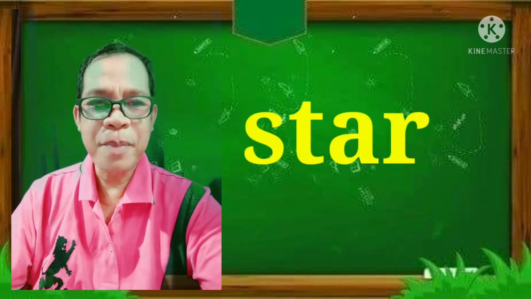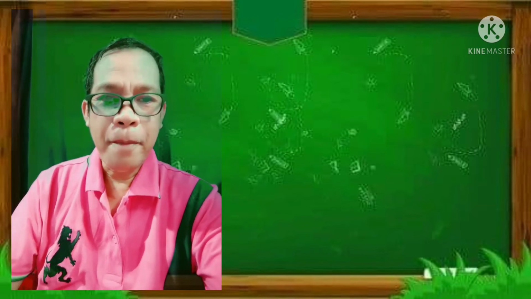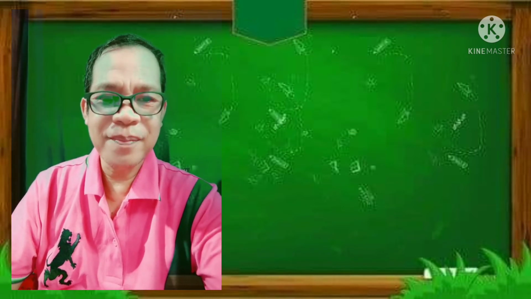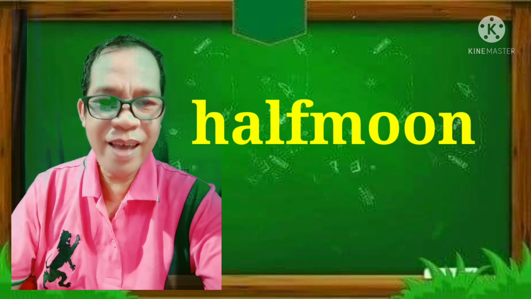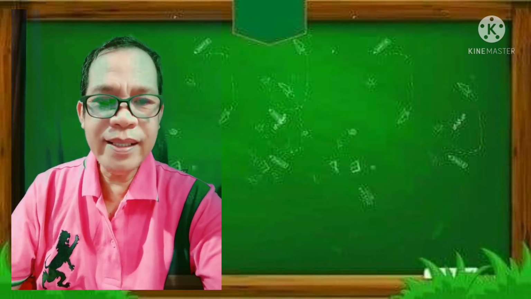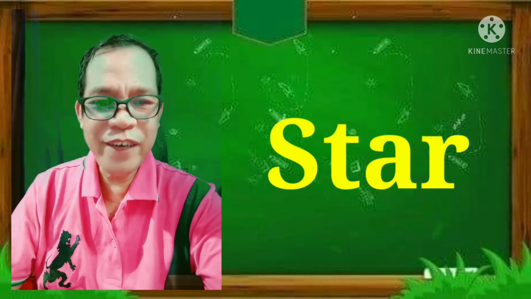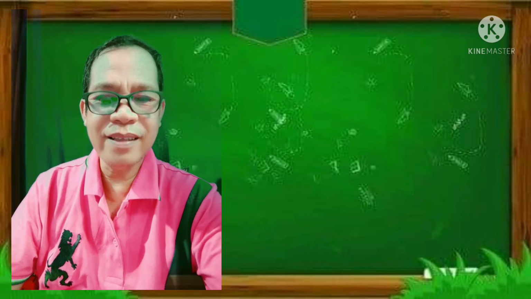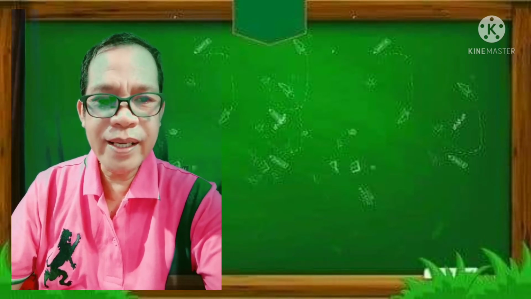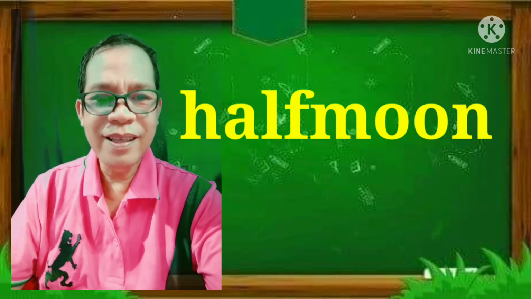Very good. Physical change. Number 3, burning of papers. Yes, chemical change. Number 4, drying of clothes. Very good. Physical change. And number 5, grilling pork. Very good. Chemical change.